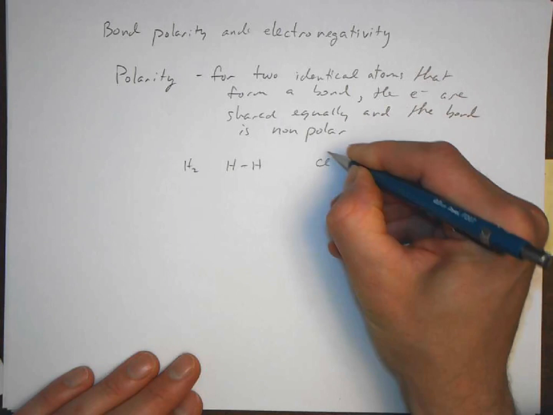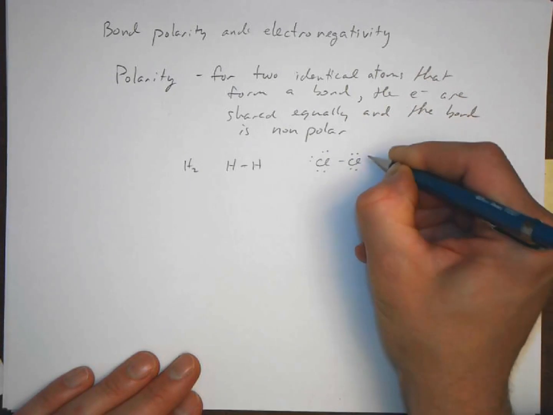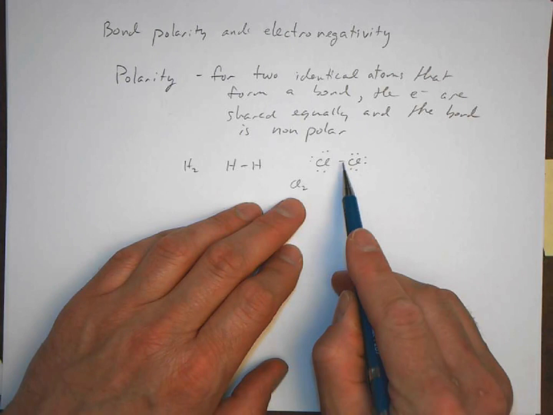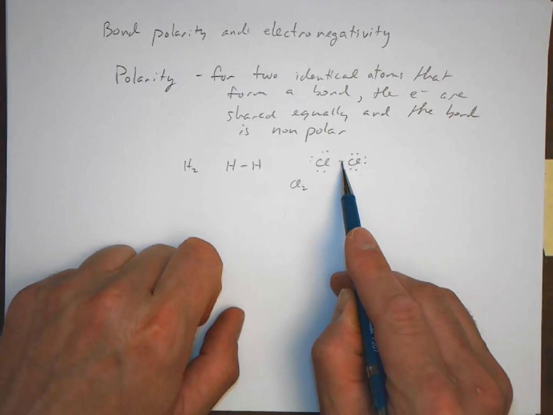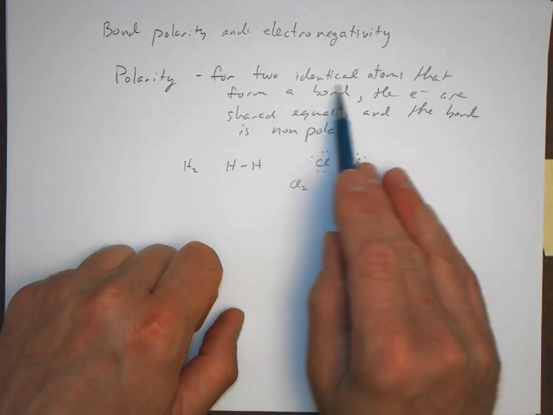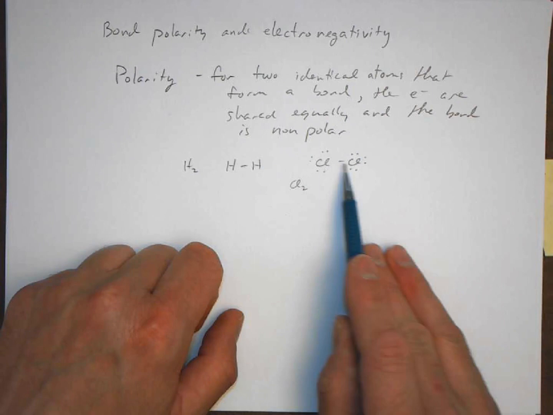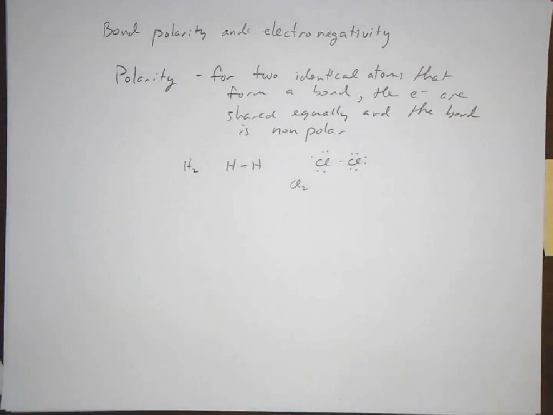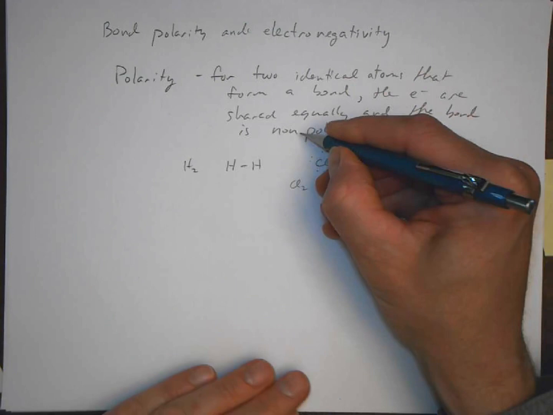Chlorine, its best Lewis structure, Cl2, would look like this. These two electrons, when you have the same atom being bonded to one another, those 2 electrons are essentially shared completely equally. And the bond is what we would call nonpolar.